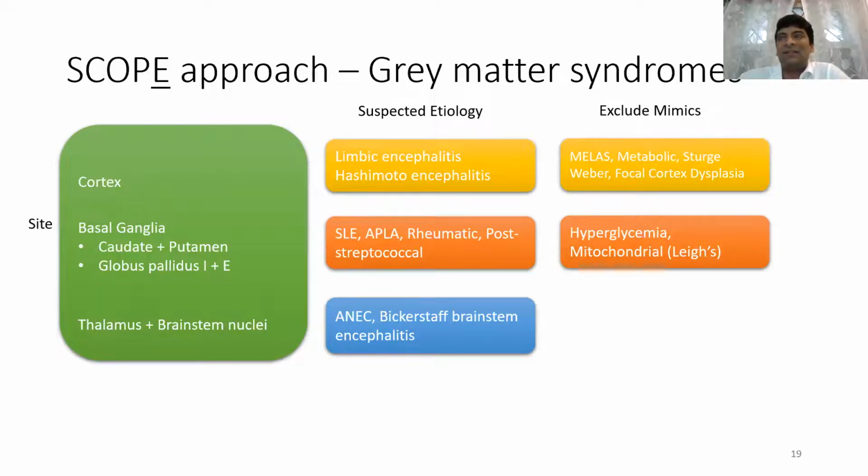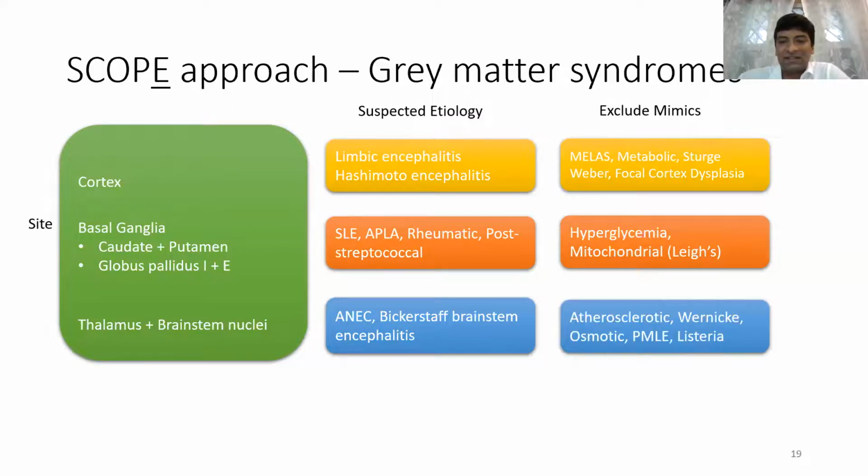So any interruption to energy flow will actually affect these structures. And of course, again, thalamus and brainstem, the same differentials. One important differential here is Listeria rhombencephalitis, which produces brainstem involvement. So these are the things to be excluded for suspected inflammatory gray matter syndromes.